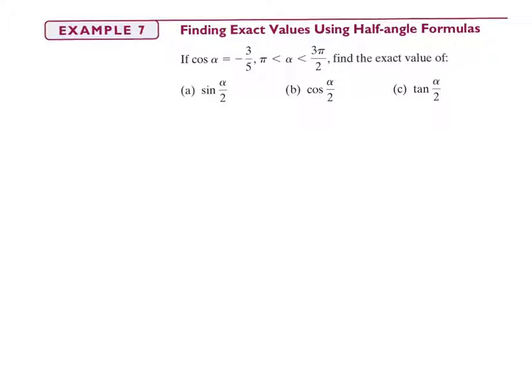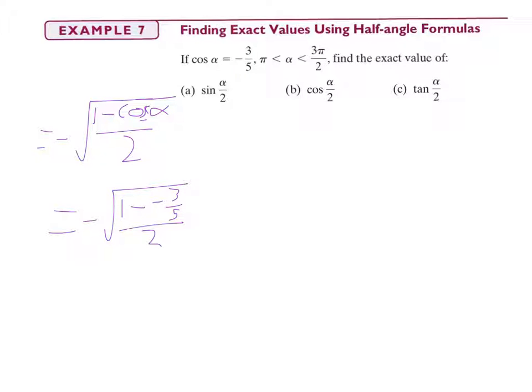Now, our angle is in the third quadrant, which means our sign would be negative, so we're looking for the negative square root of 1 minus cosine of alpha over 2. Our cosine of alpha is negative 3/5, so it's the square root of 1 minus negative 3/5, over 2.